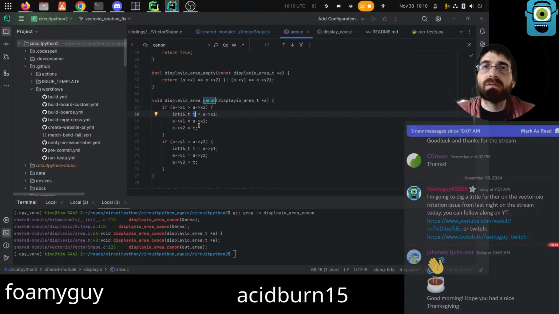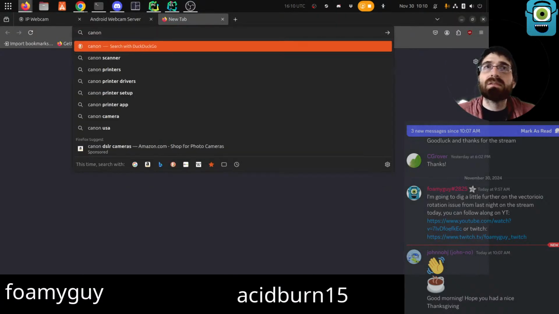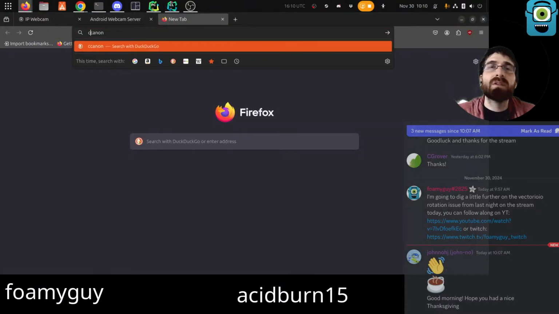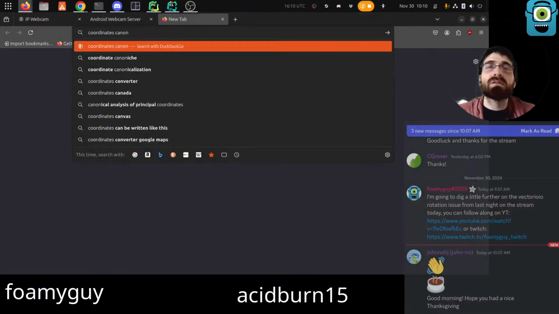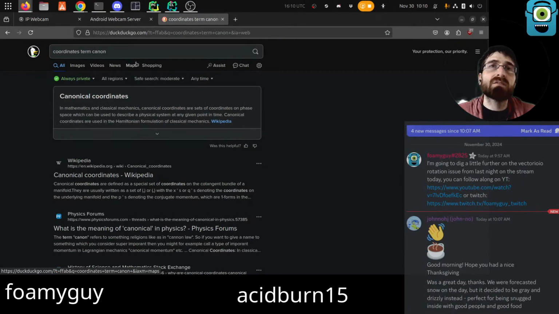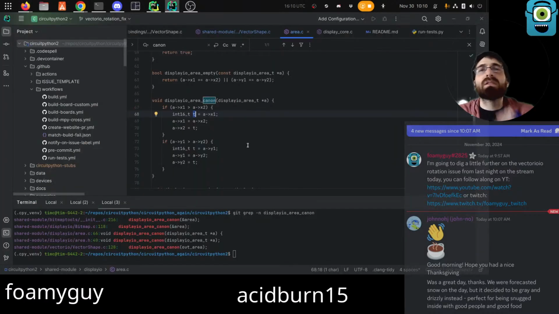Okay. Cannon. Is that a common term? What would that be relevant to? Displays? Like coordinates? Canonical? Does that mean in order? Okay. I'm not sure if that's what the code is referring to or not.